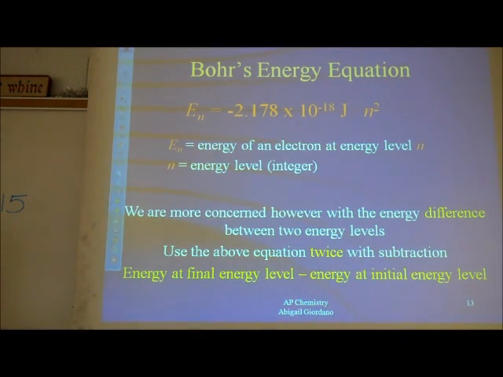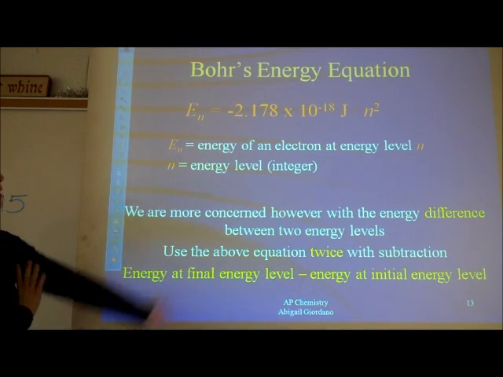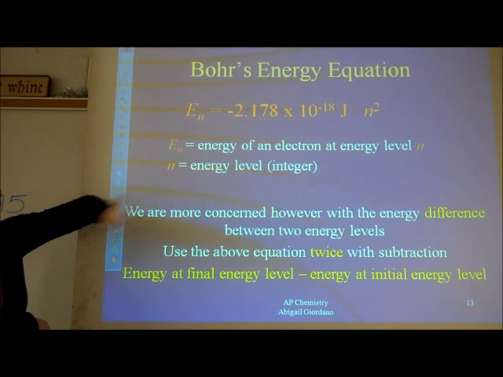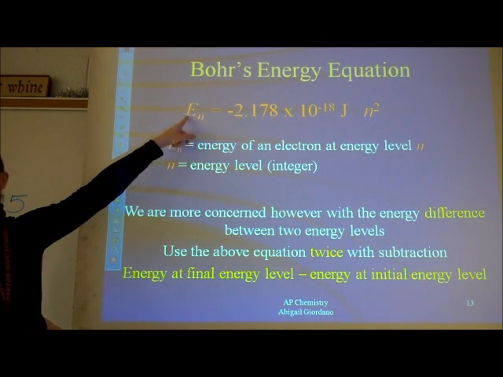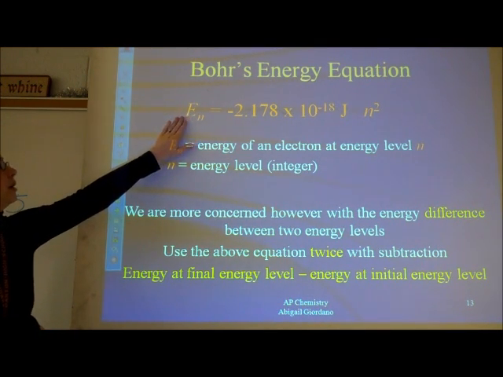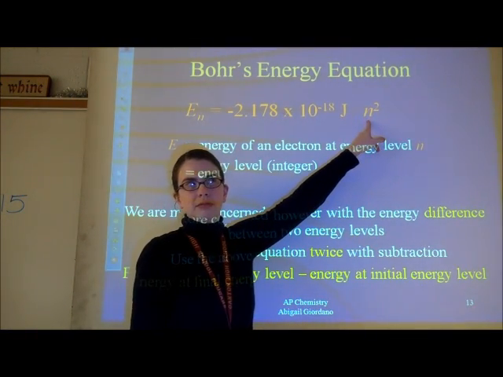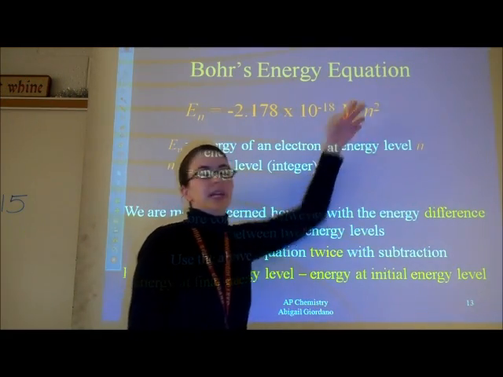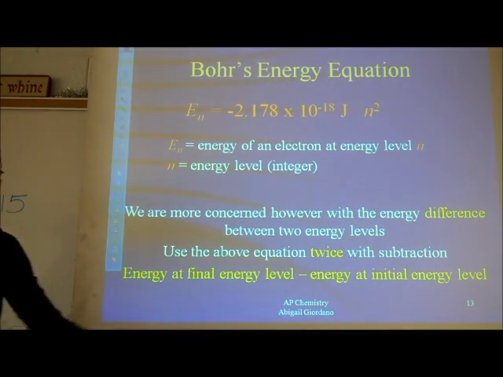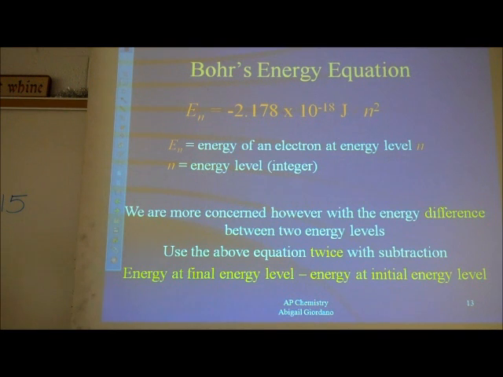For those of you that are math inclined, I left this slide in there to prove a point to you from a mathematical perspective. This is an equation you would use to calculate the energy, that's what E stands for, at a particular energy level. Like, this represents an integer, like energy level 2 or 3. What I would like for you to do, we're going to just do this together, it's real quick.